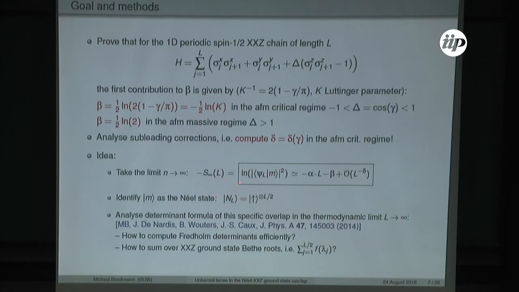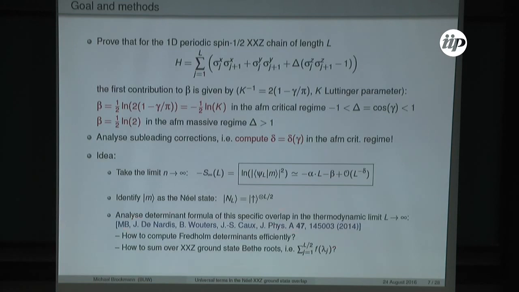This efficient formula for the overlap of an eigenstate of the Hamiltonian with the Néel state was derived 2 years ago, and can be used to get the finite size scaling of this expression. We are faced with two problems when writing down the overlap formula and taking the logarithm.